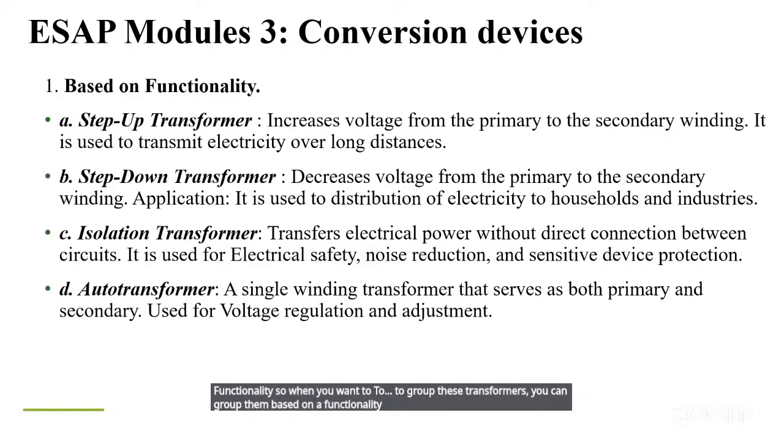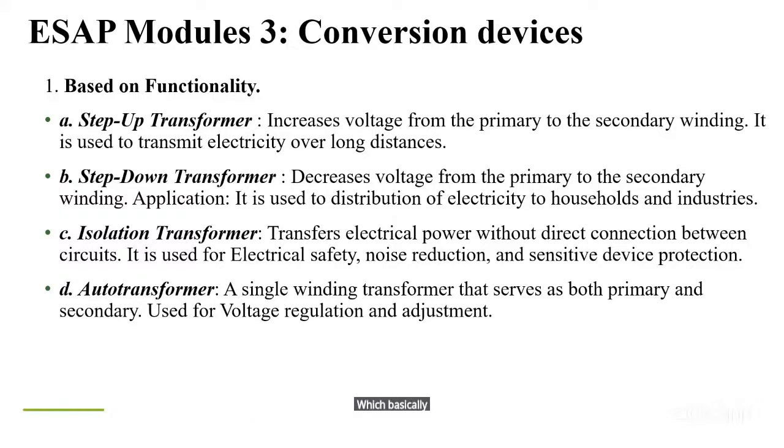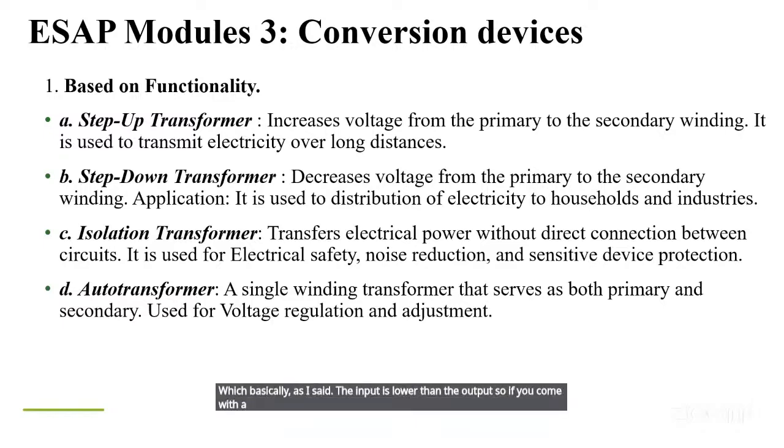Based on functionality, the first type of transformer is called the step-up transformer, which basically, as I said, the input is lower than the output. So if you come with a low voltage on input, you get a high voltage on output. That's why we call it a step-up.